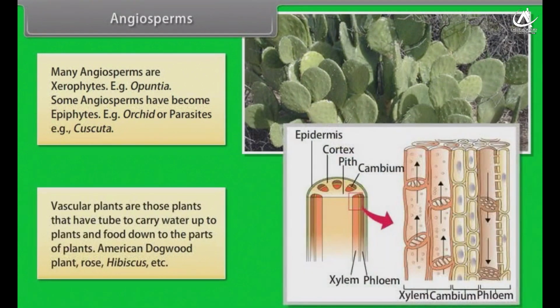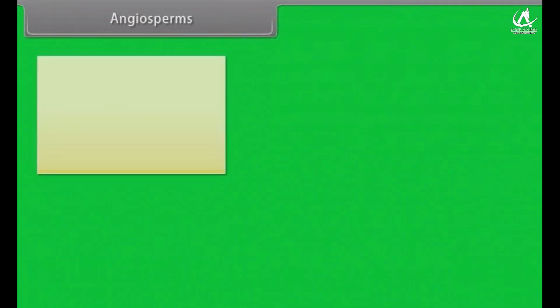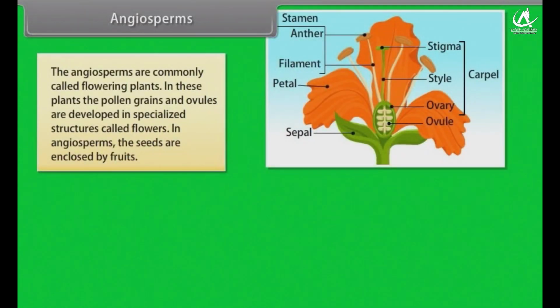Vascular plants are those plants that have tubes to carry water up to the plants and food down to the parts of plants. American dogwood plant, rose, hibiscus, etc. The angiosperms are commonly called flowering plants. In these plants, the pollen grains and ovules are developed in specialized structures called flowers.